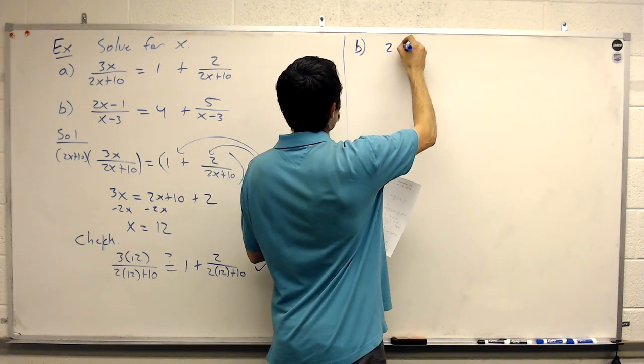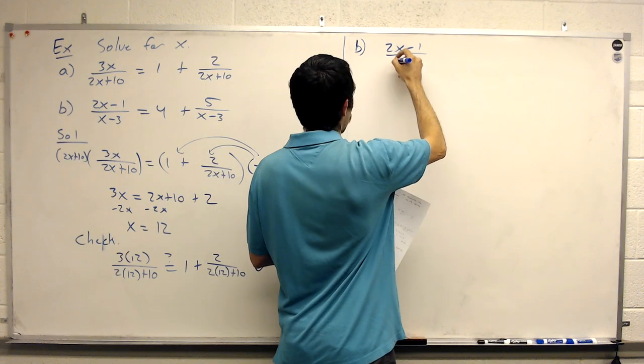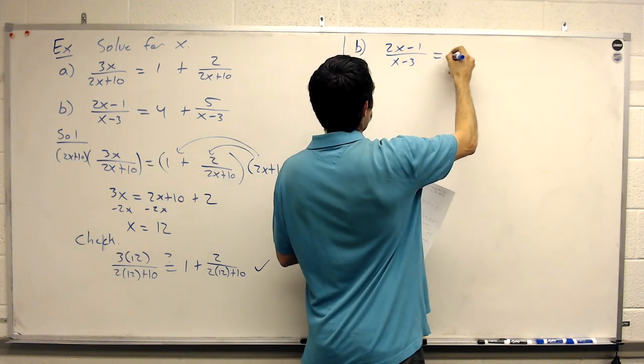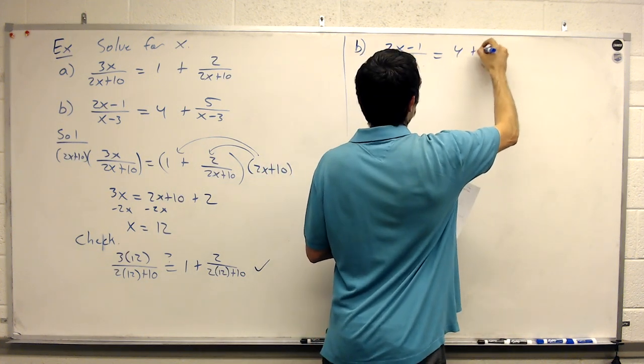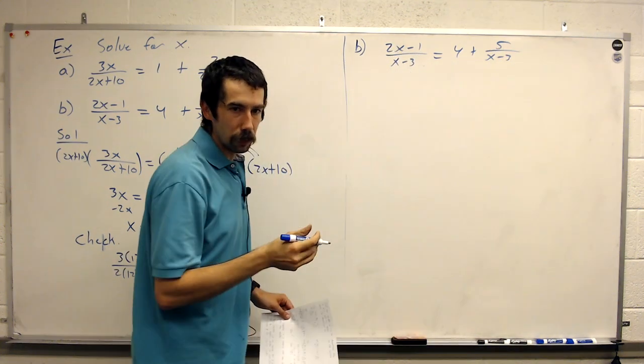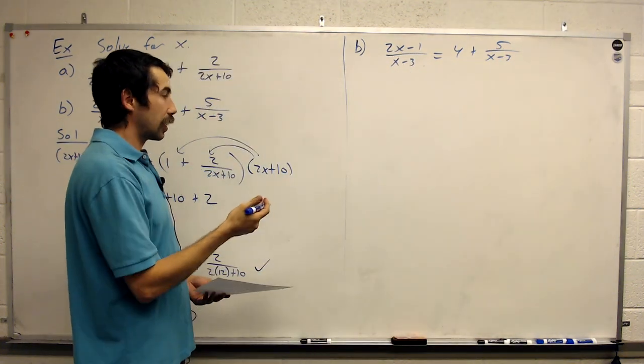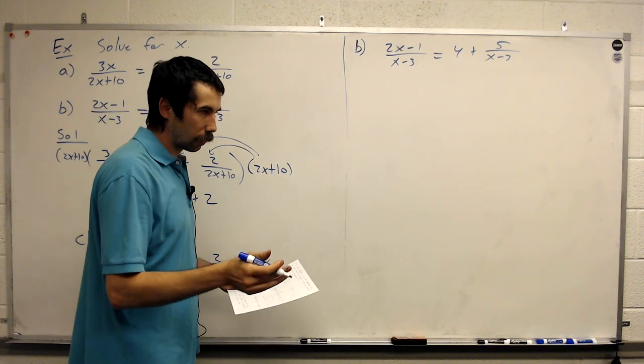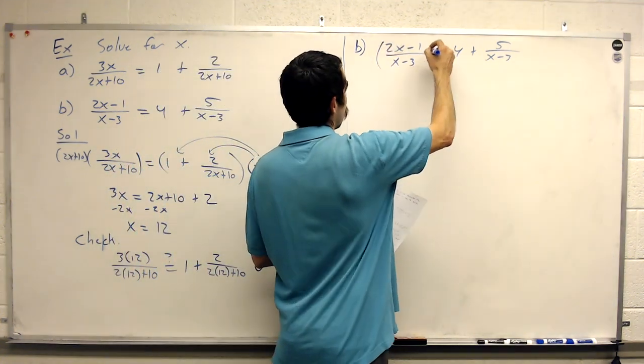All right, so we have (2x minus 1) over (x minus 3) equals 4 plus 5 over (x minus 3). Just like the last example, let's multiply both sides by our denominator so we can get rid of the denominators.